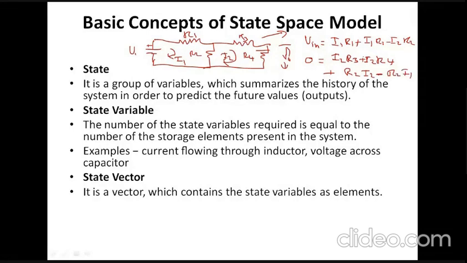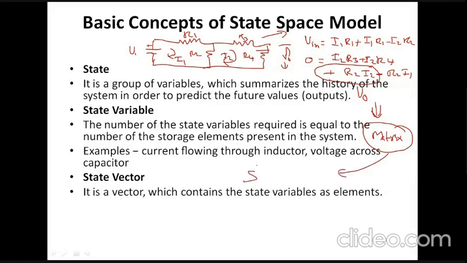I2 into R2 is also known as V0, the output variable. Writing these in matrix form is known as the state model. That's it, this is your final equation.